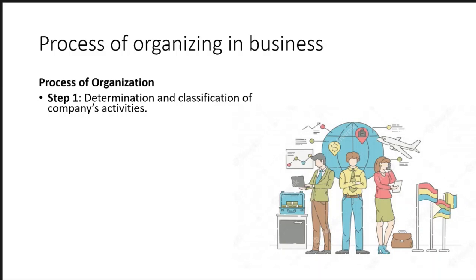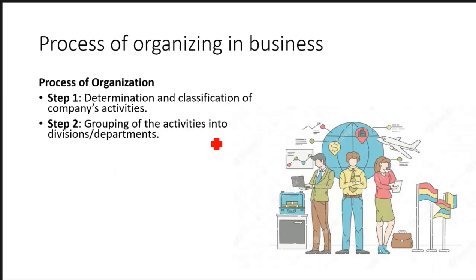For example, is it a 24-hour restaurant, or only open during working hours? That is the classification and determination of the company's activities. Then the company will group the activities into divisions and departments, for example the financial department and the marketing department, based on the activities.